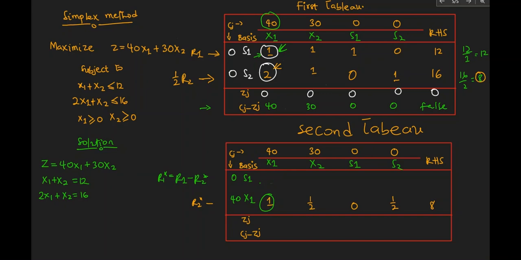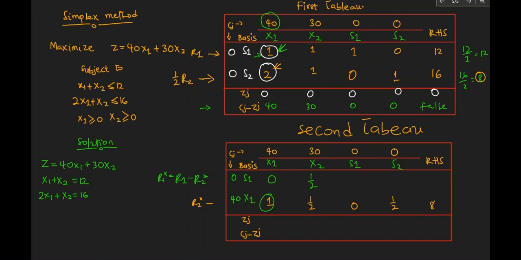So let's carry out that operation. For the first value, the old row 1 value is 1, and the row 2 star value is 1. When you subtract, you're going to get 0 here, right? The old row 1 value for the next entry is 1, and subtracting half from 1 will give us half, right? So we're going to have half here.